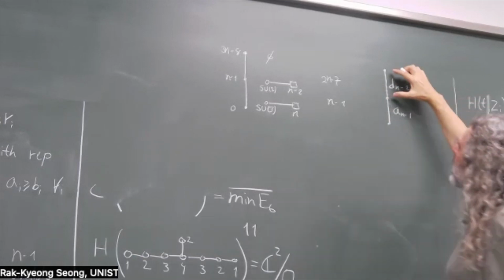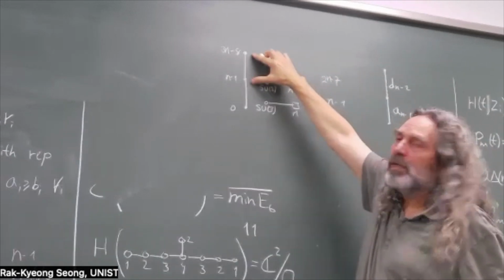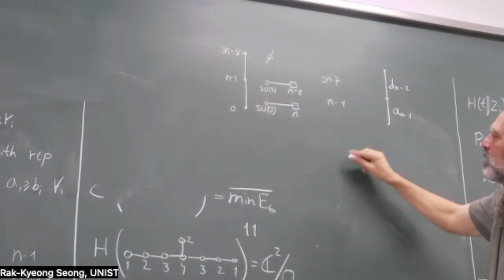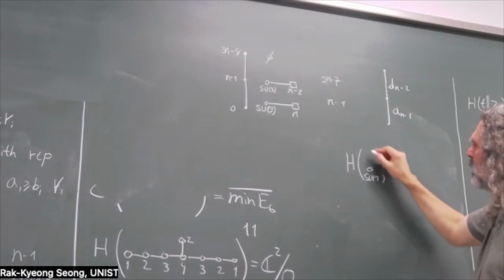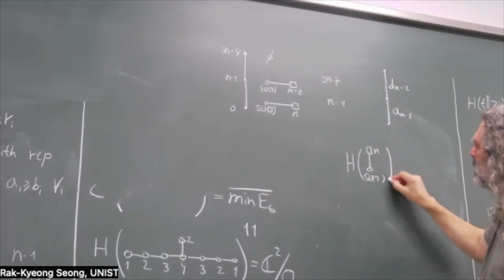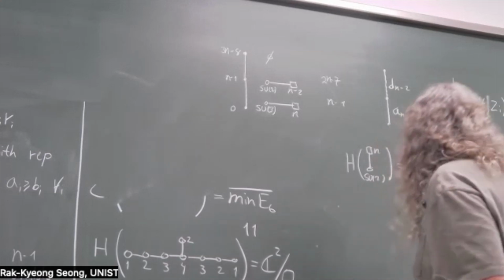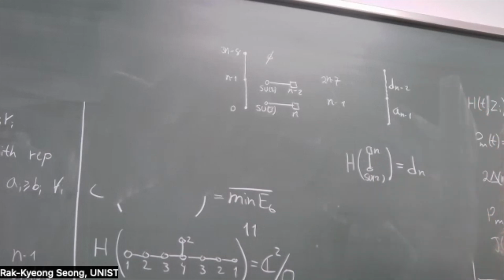Okay, so here, the gauge theory that I have is the gauge theory for SU2 with n flavors, and if I write the Higgs branch of SU2 with n flavors, this is equal to the Dn singularity, so the minimal orbit of... well, let's write it in a different place.